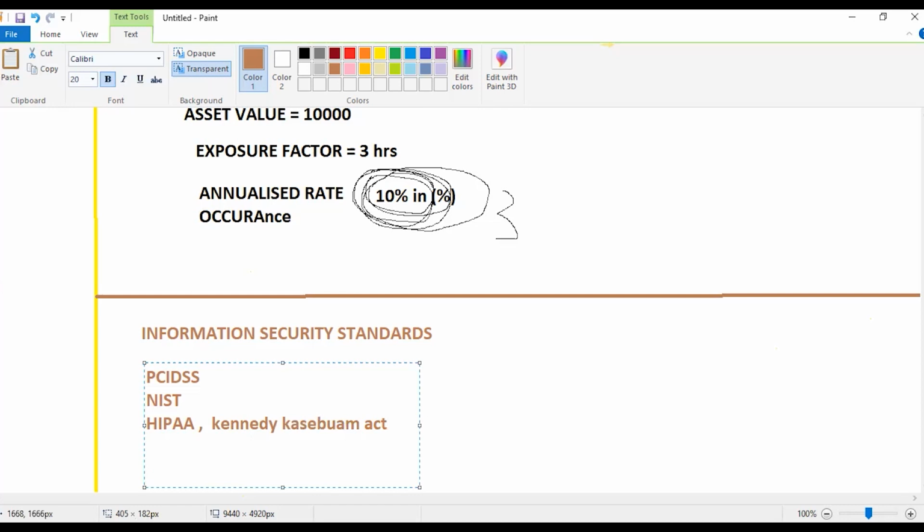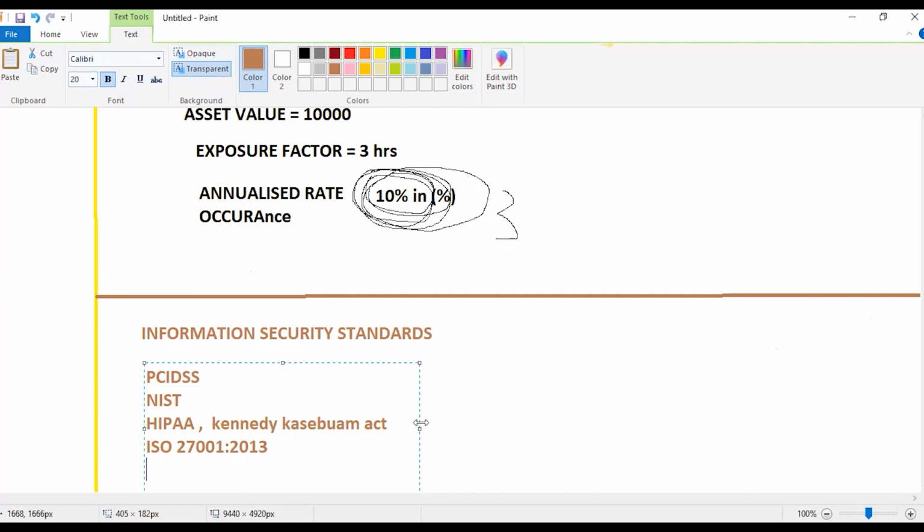Then comes ISO 27001:2013. This stands for International Standard Organization, but it is read as International Organization for Standardization.